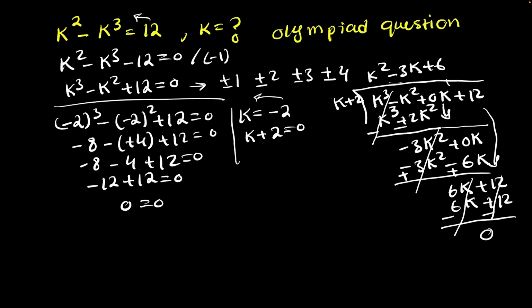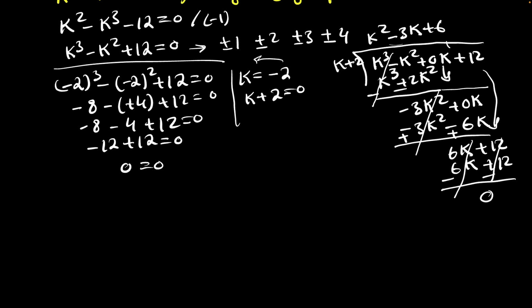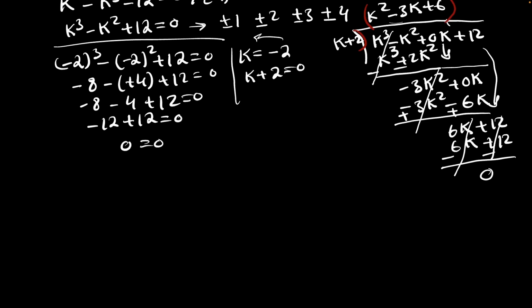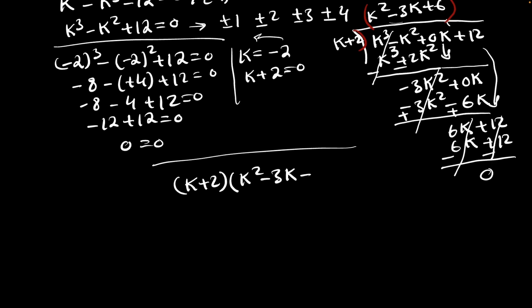So now we find our other factor as well. That one is k + 2, the other one is k squared minus 3k plus 6. So we write here: k + 2 times k squared minus 3k plus 6 equal to 0.